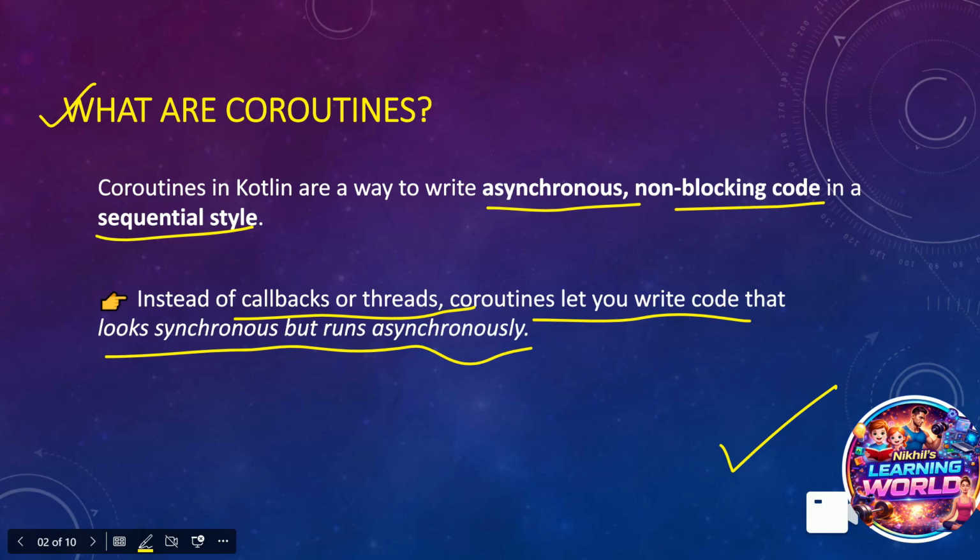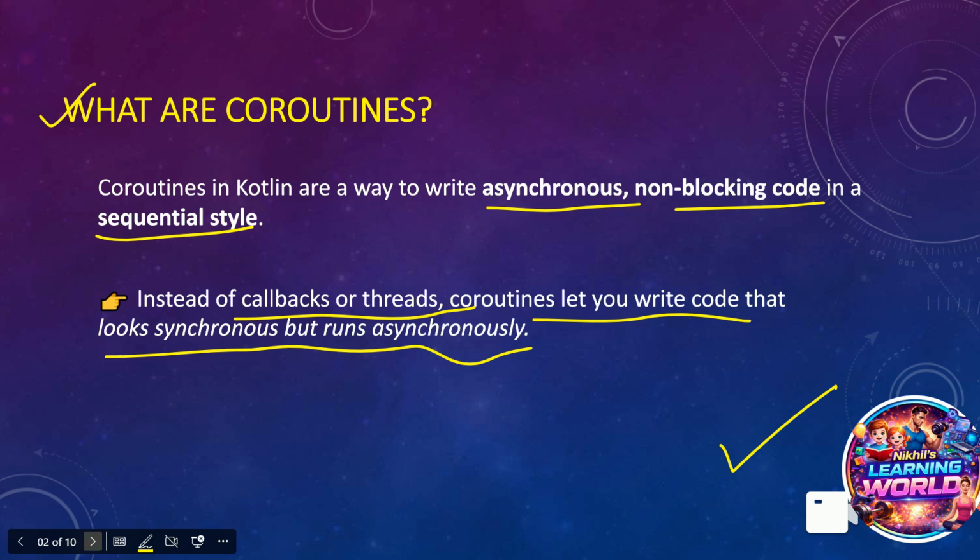Ever wondered how apps run tasks in the background without freezing the UI? That's where Kotlin coroutines come in, and today we will break down launch, async, suspend and delay in a simple way.